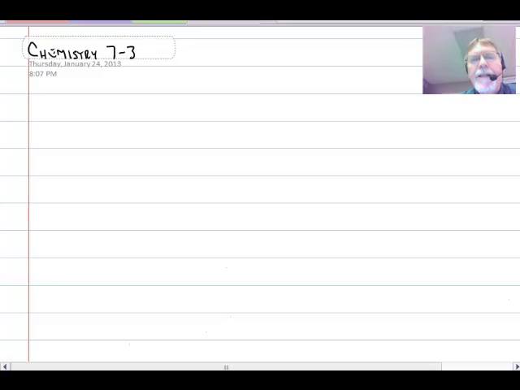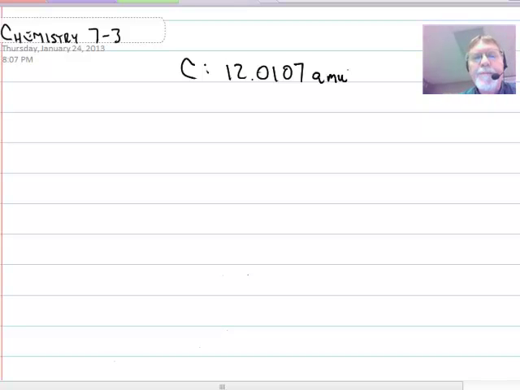If you remember, we defined the atomic mass as the weighted average of all the naturally occurring isotopes of an element. And we saw, for example, that carbon has an atomic mass of 12.0107, and this is measured in atomic mass units, AMU.